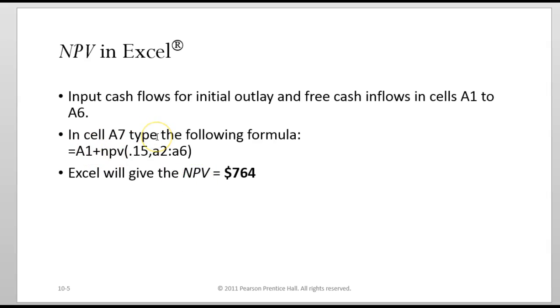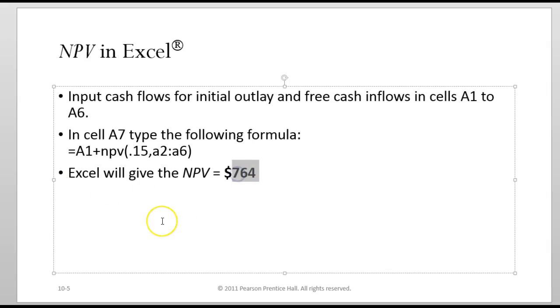And then in a cell, A7, you would put in the negative outlay, negative 60,000, plus NPV, parentheses, then the discount rate, and the range of the cash flows. And that will give you a net present value of $764. So it's very easy to do using Excel.